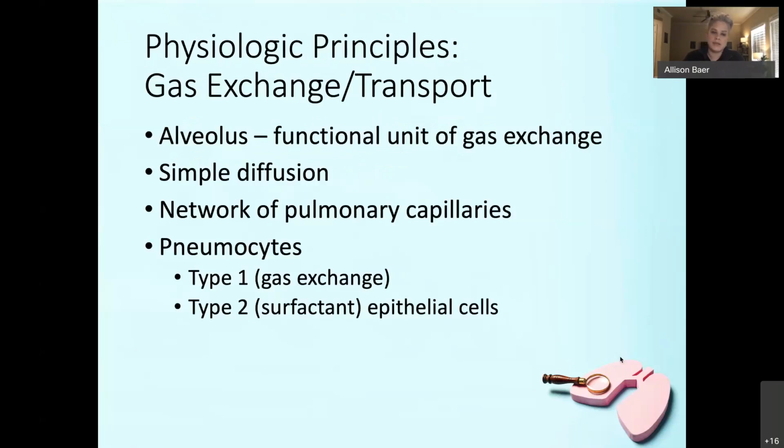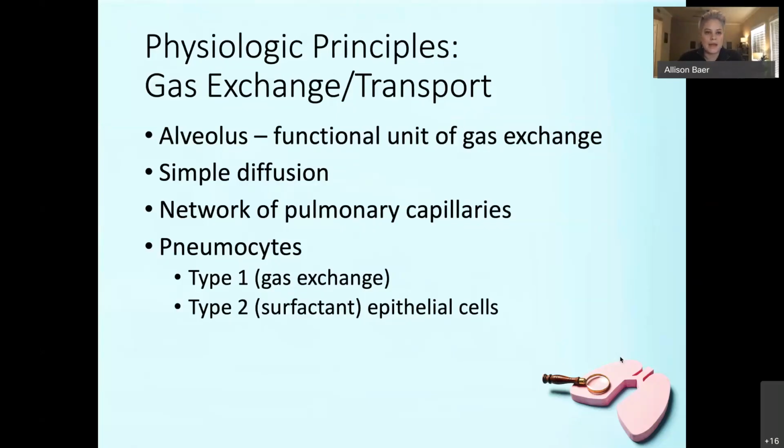So gas exchange and transport, again, happens down in the alveolus, that little bulb shape at the end of your airways. That's the functional unit of gas exchange. The exchange of oxygen and carbon dioxide is just simple diffusion, if you remember chemistry terms, just crossing the membrane. Oxygen comes in, CO2 goes out. You have that whole network of pulmonary capillaries.